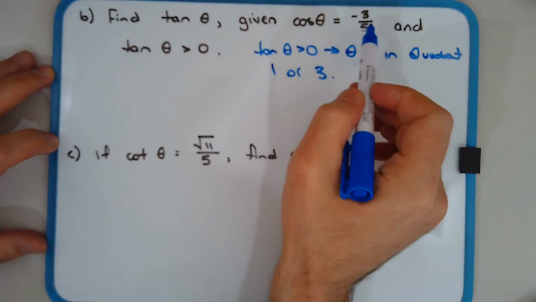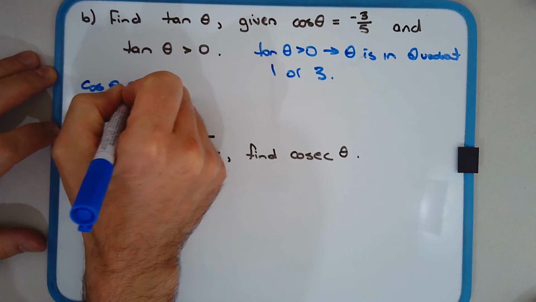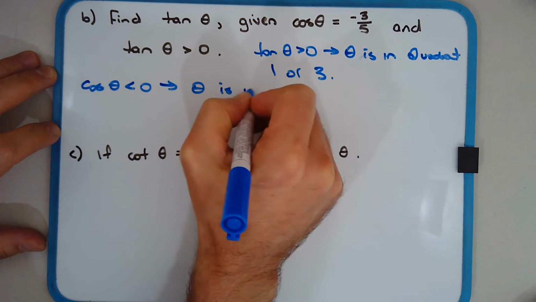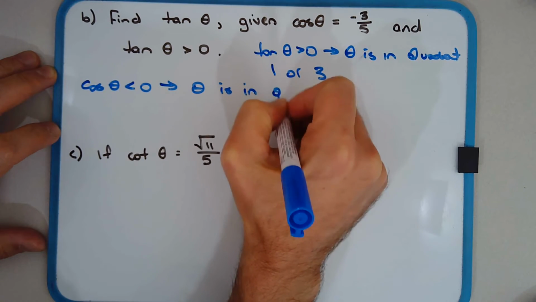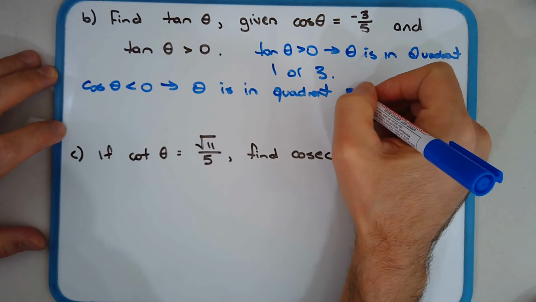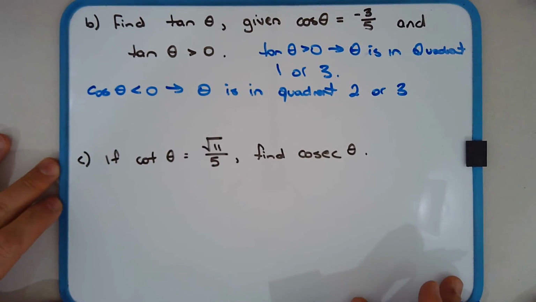And cos theta being negative means that theta is in quadrant 2 or 3.